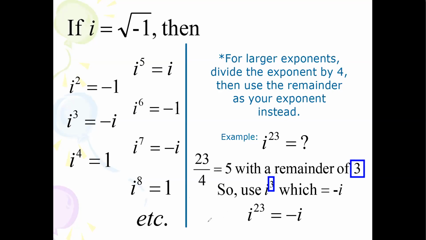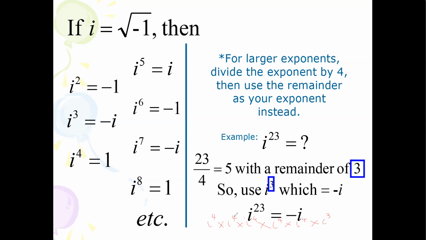So i to the 23rd is like i to the 4 times another i to the 4 times another i to the 4 times another i to the 4 times another i to the 4 times i to the 3 this time, right?